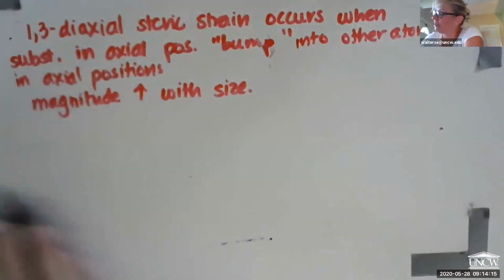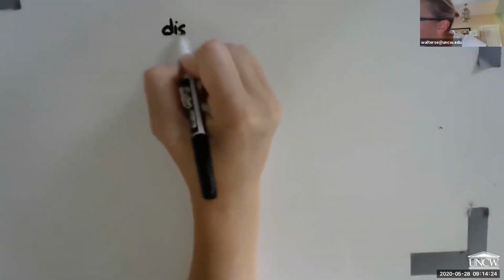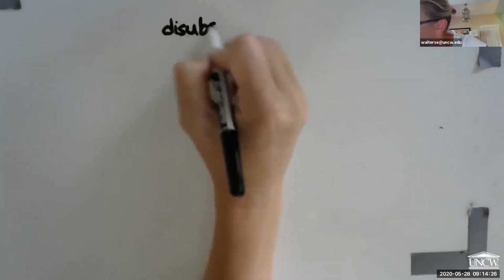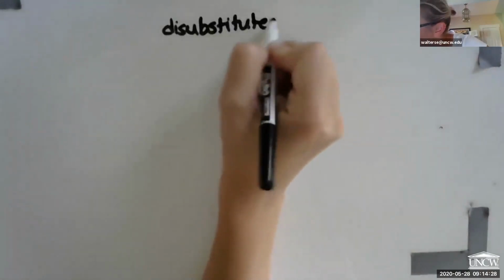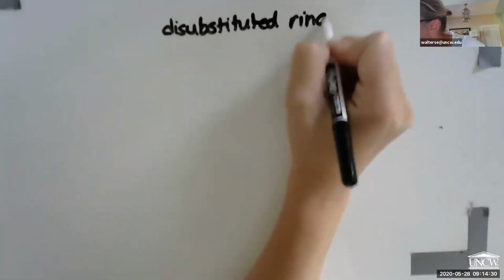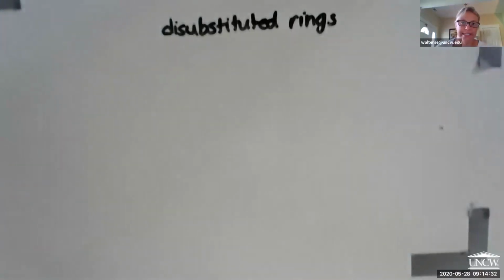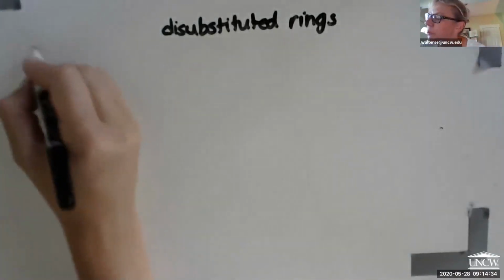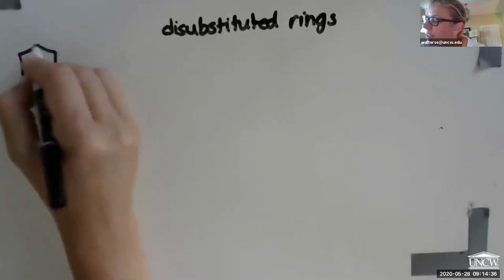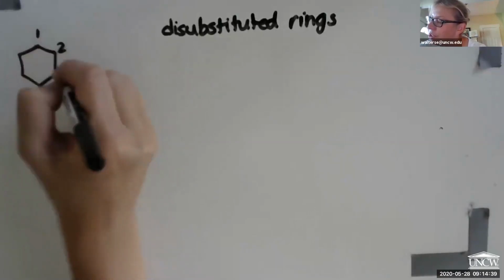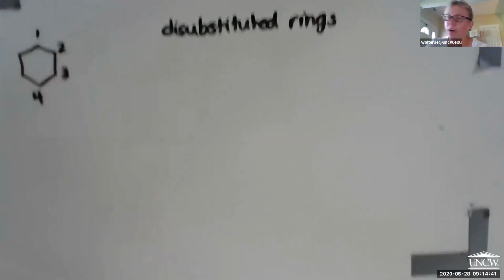And now with di-substituted rings, I'm going to show you why I think it's important for you to learn the approach and not memorize. Okay, so di-substituted rings, if we just draw a ring like this, 1, 2, 3, 4.